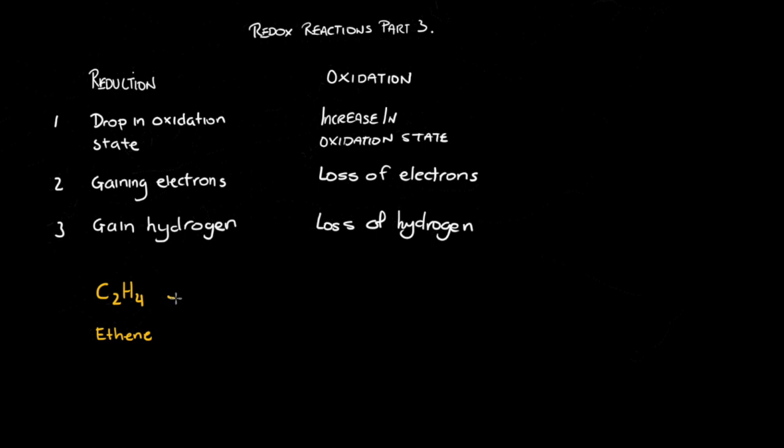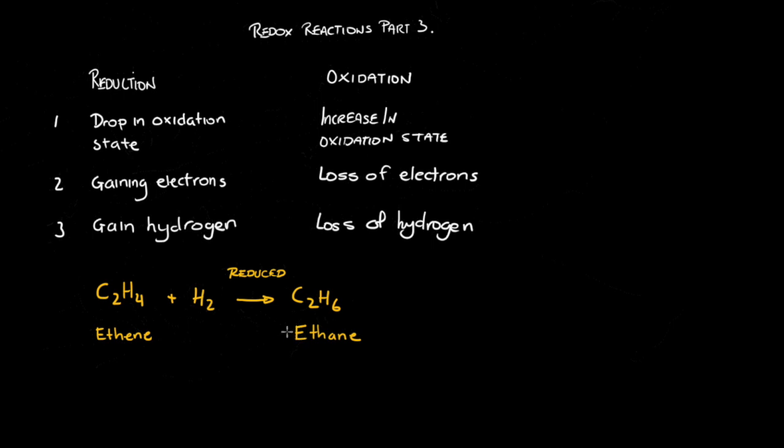Ethene can gain a hydrogen molecule, i.e. 2 hydrogen atoms, to give C2H6. So clearly ethene has gained hydrogen to become a new compound, and this compound is known as ethane. If we look at this example, ethene has gained hydrogen, so we could say that ethene has been reduced.